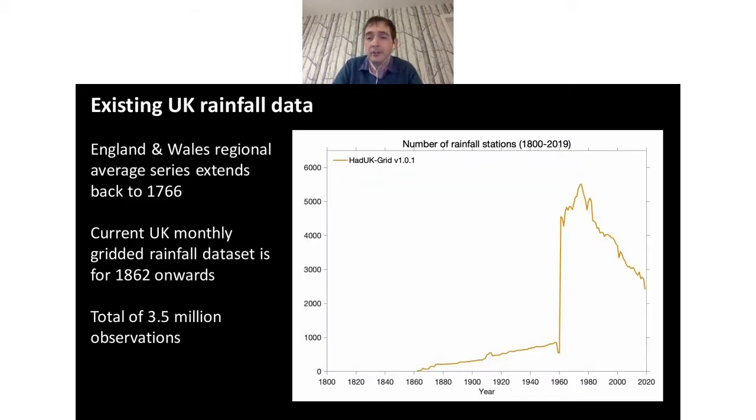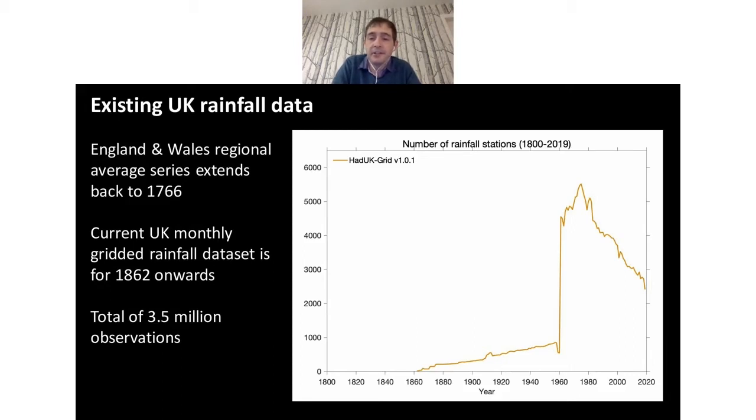So if we ask the Met Office, well, how many rainfall stations do you have available to you to make these maps? And if you ask them that question, this is the answer you get. There are around about 3.5 million monthly rainfall observations in their digital archives.